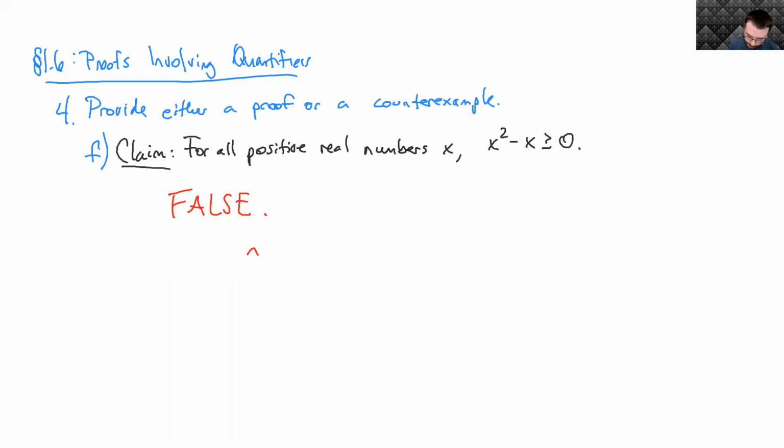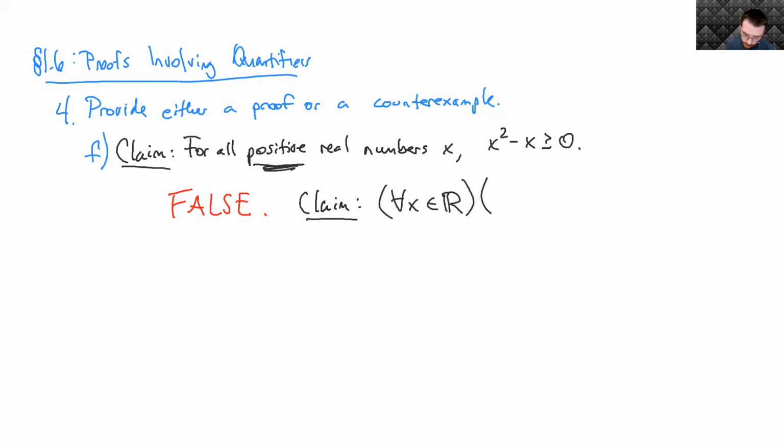Actually, before I write the negation, let me translate this. Okay, so the claim is really, I could write it like this. For all x in R, so for all real numbers x, the following holds. Notice we're restricting to positive numbers.